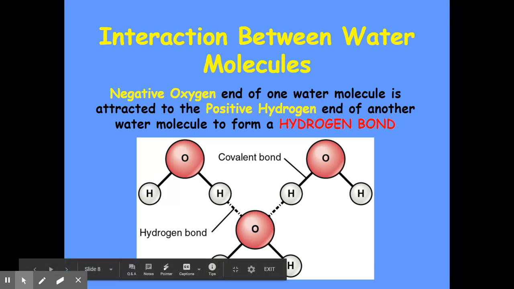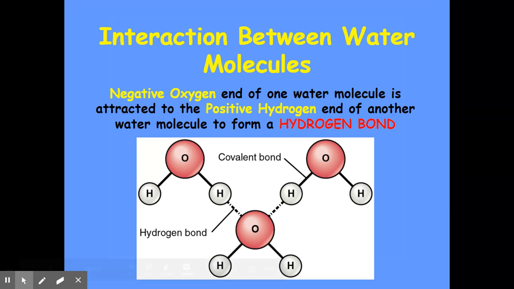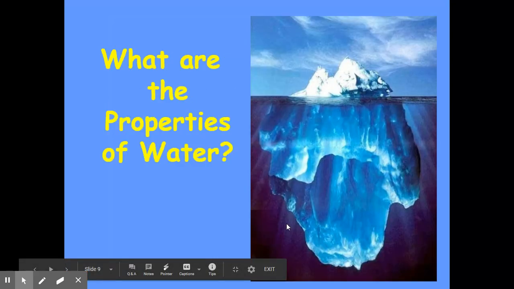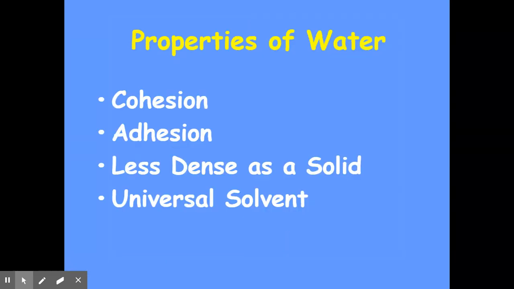Between molecules, especially if a hydrogen is involved, we form a hydrogen bond. So let's quickly go through the properties of water: cohesion, adhesion, less dense as a solid, and the universal solvent. So we've talked about some of these in my demo. So now we will see what these mean.